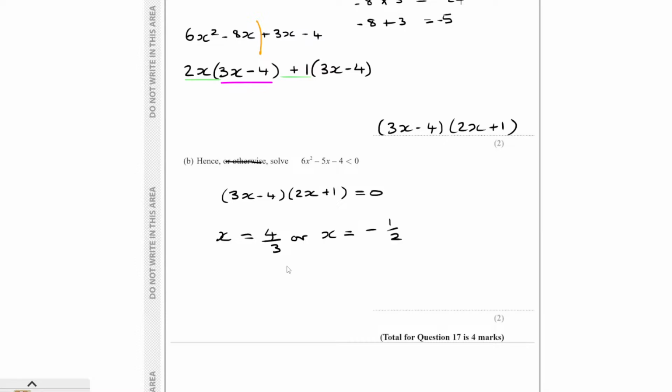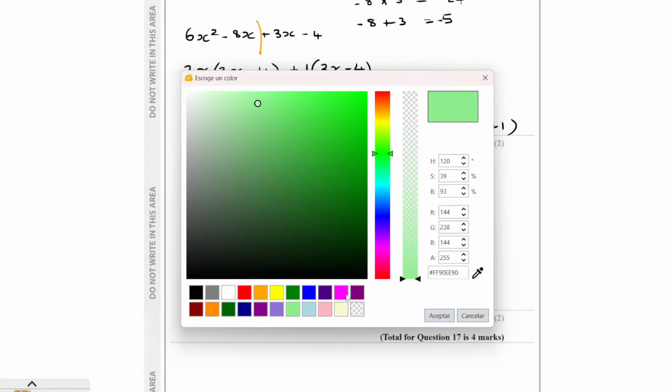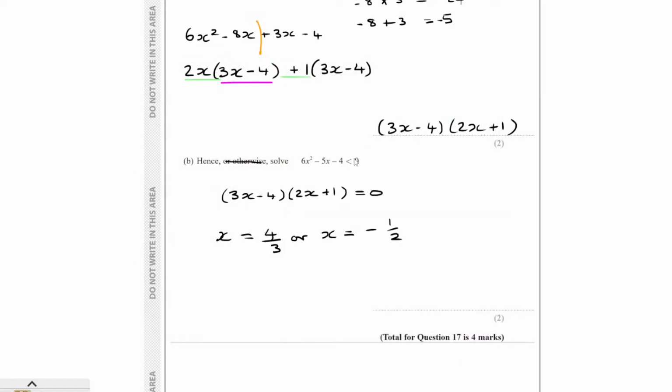Those are the two possibilities. And it all depends on which way the symbol faces. So you could just memorize which way it faces. If it faces 0, then it is the range. If it faces the other way, so if it faces the quadratic, it's the two separate answers. So you can just memorize that.